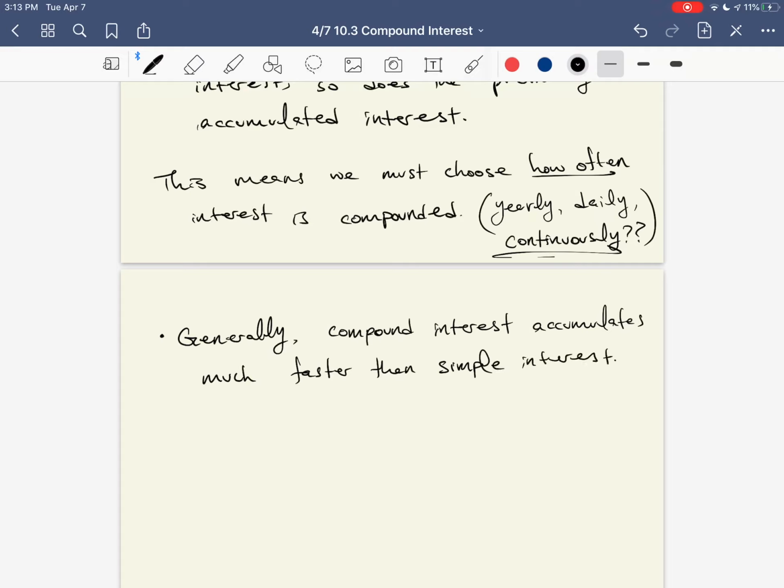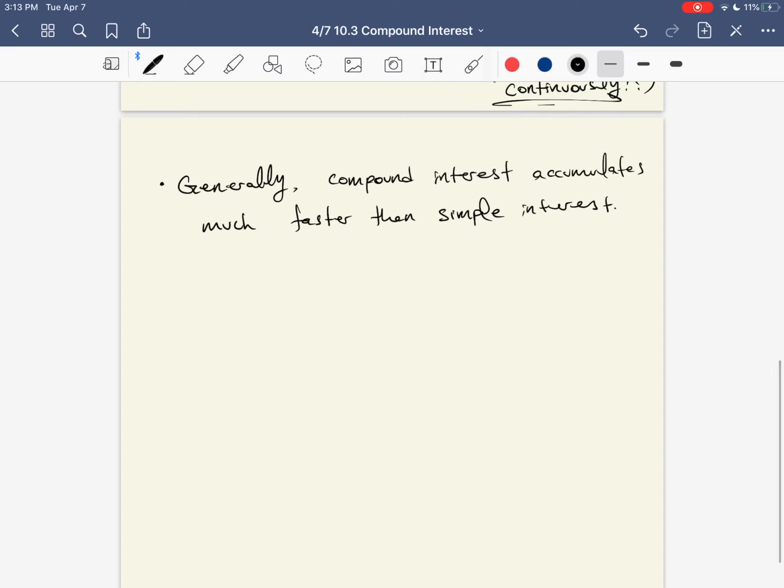So this means that if you're the investor, then you want compound interest, because that means you'll be making more money off of the money you invested. But if you're taking out a loan, then probably you would rather simple interest, because that would mean that you would be paying less in interest back on your loan. Good.